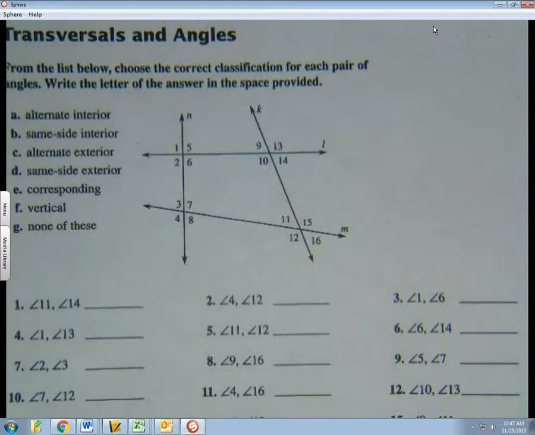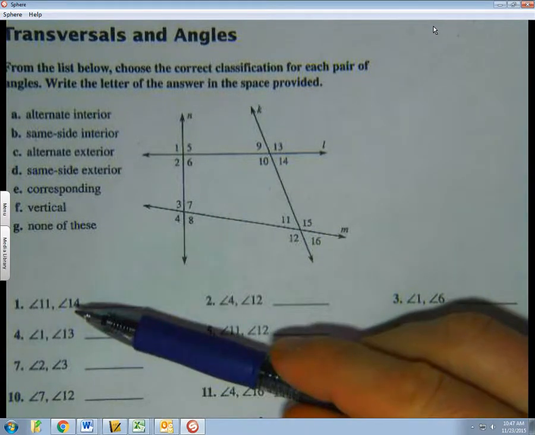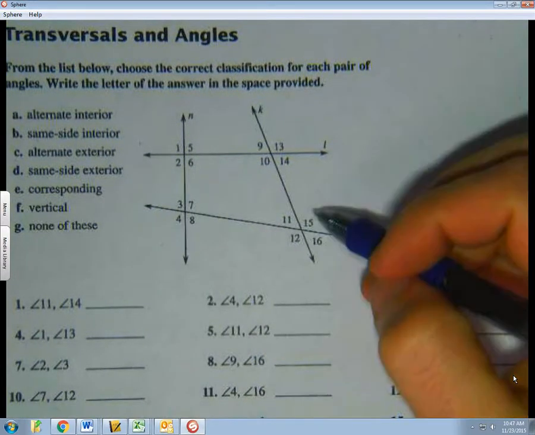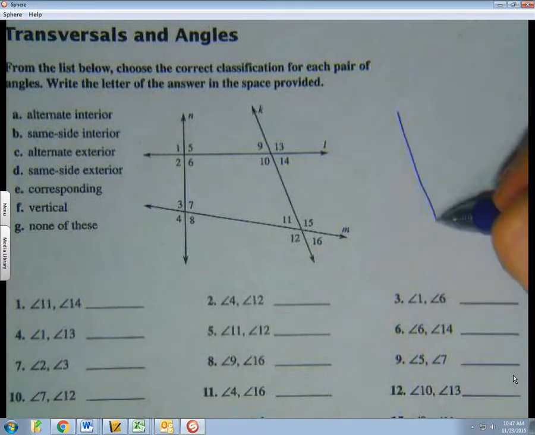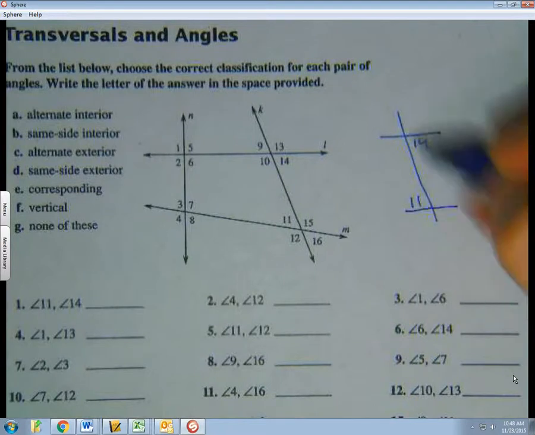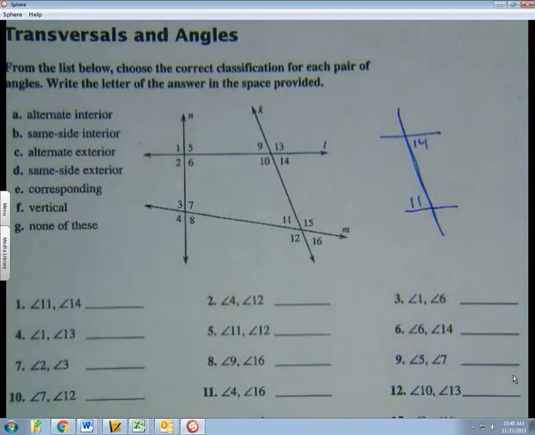So let's just pick a random. Let's just start with 1. So 11 and 14. Okay, let's go ahead and sketch those out, because I'm a little hesitant to write all over this, but it looks like I'm here with 14 and I'm here with 11. And you can pull away all the other stuff, because it doesn't impact these two.